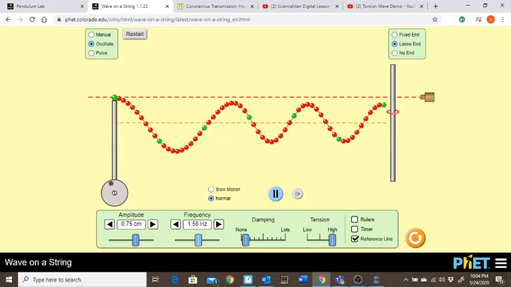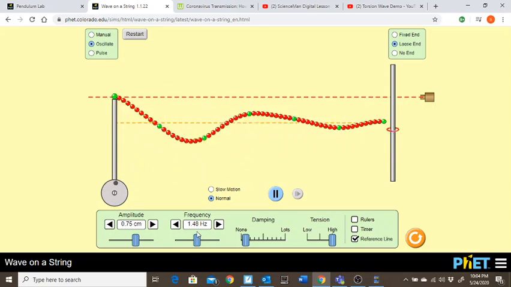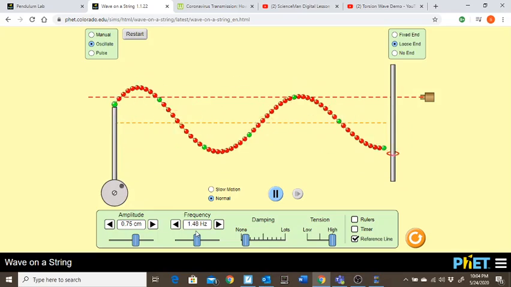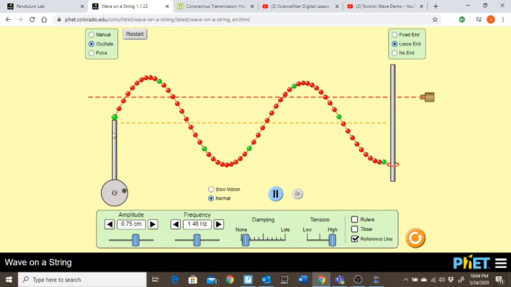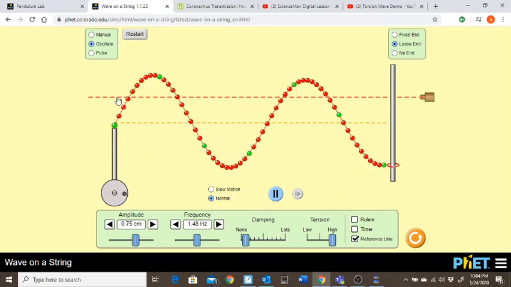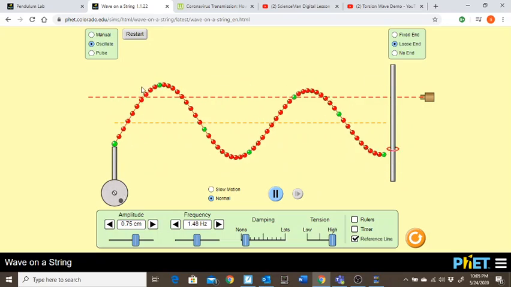Not really. Give it time to adjust. This is actually kind of interesting. If you take a look at the driving arm here, it only goes up to this line. The amplitude actually goes above the line and drops down below.